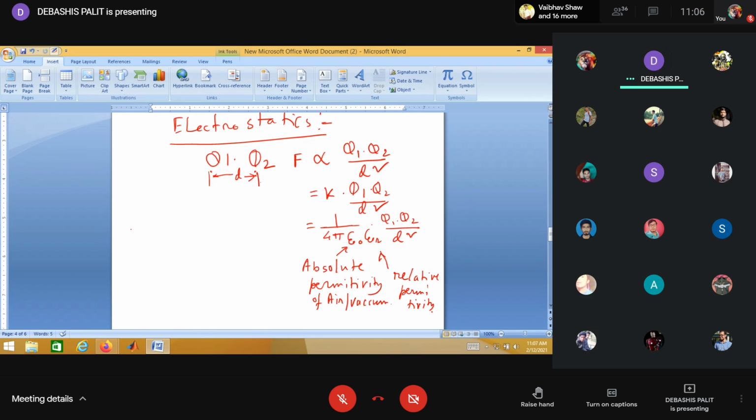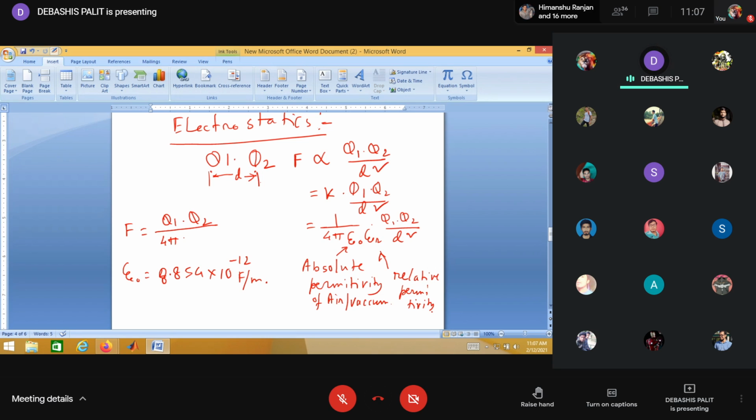According to Coulomb's law, for the air medium, the force between two charged particles is Q1 Q2 divided by 4 pi epsilon 0 d square, where epsilon 0 is 8.854 into 10 to the power minus 12 farad per meter.